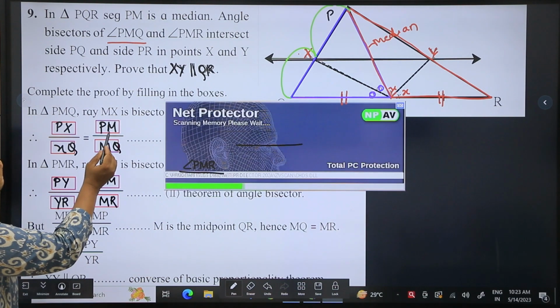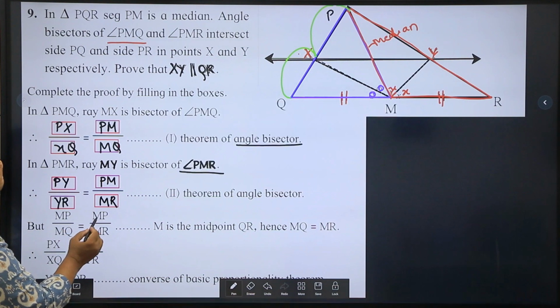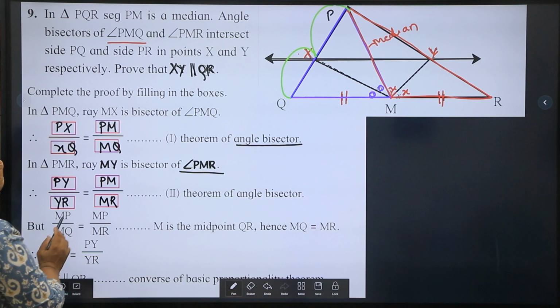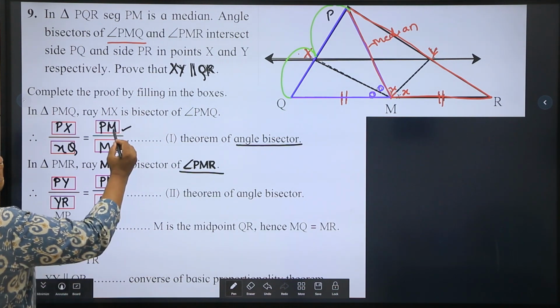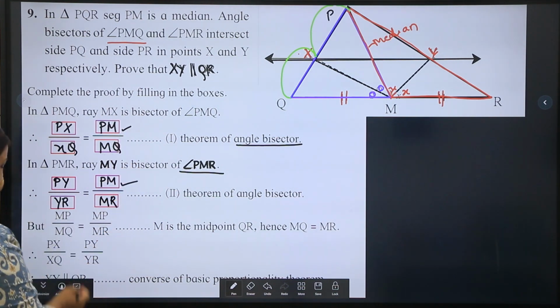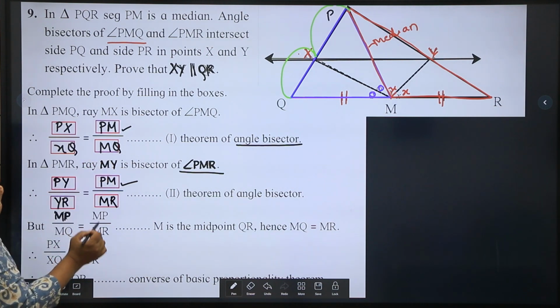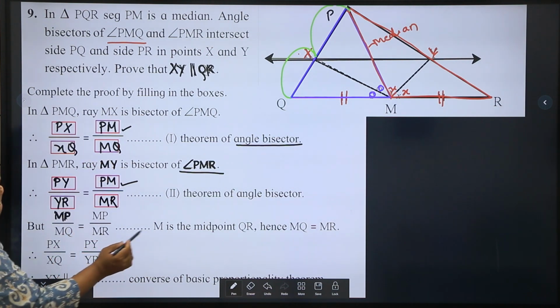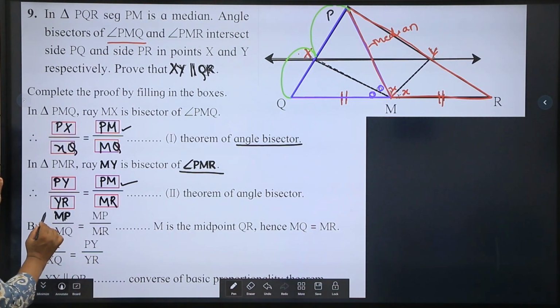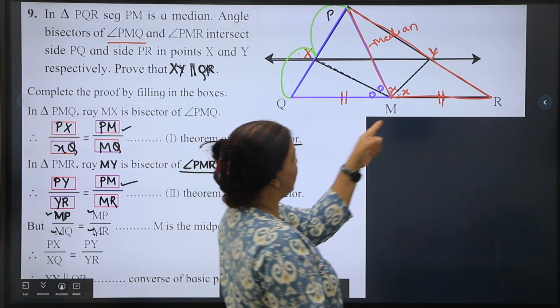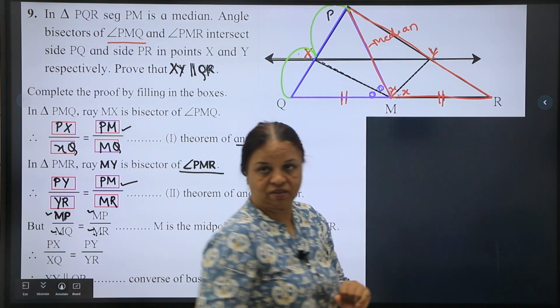But PM upon MQ is equal to PM upon MR. PM can be written as MP, no problem. Both are equal because PM is common, and MQ and MR are equal because M is the midpoint.